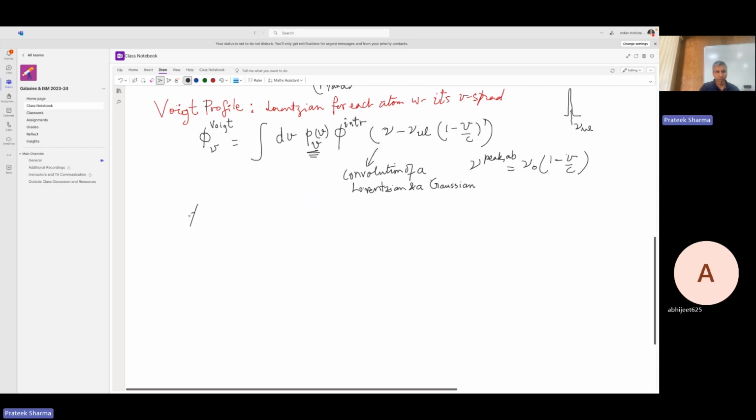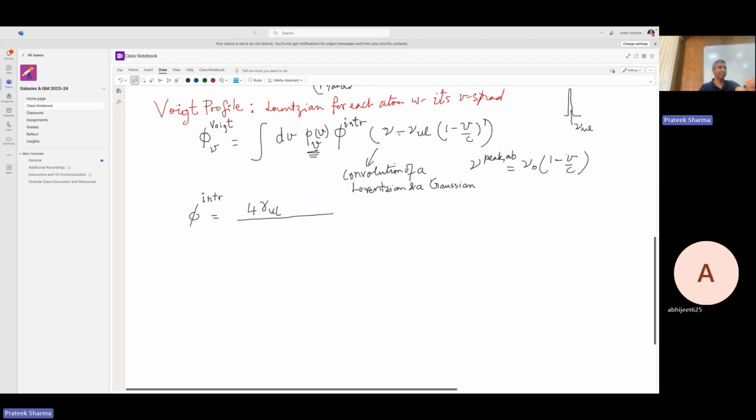So phi intrinsic for gamma UL. In the previous approximation, we were just replacing phi intrinsic by a delta function.